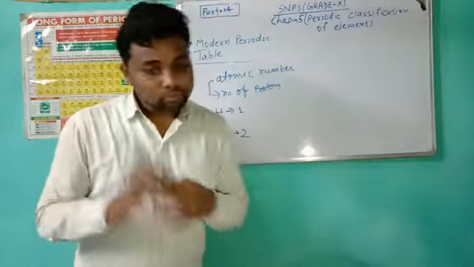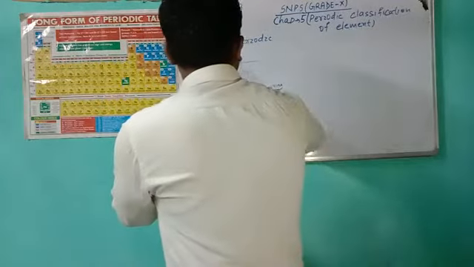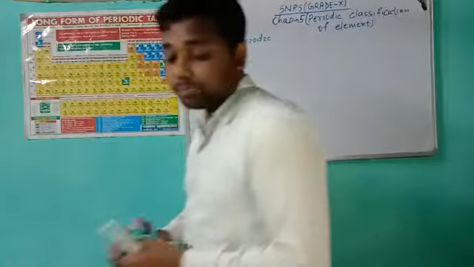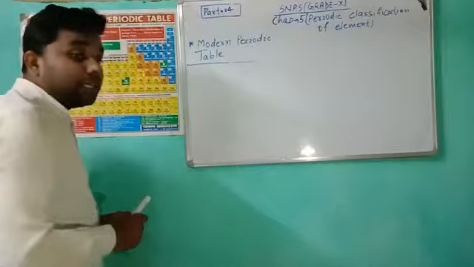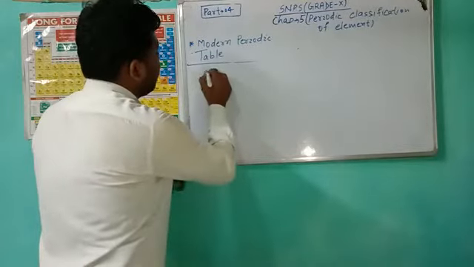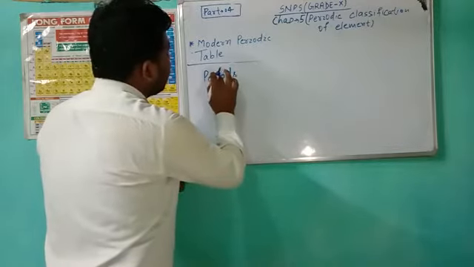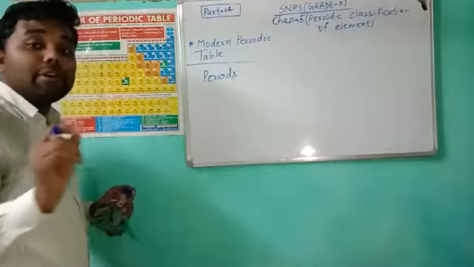Coming to our periodic table, look closer. If we talk about the periods, we can clearly see that there are 7 periods.